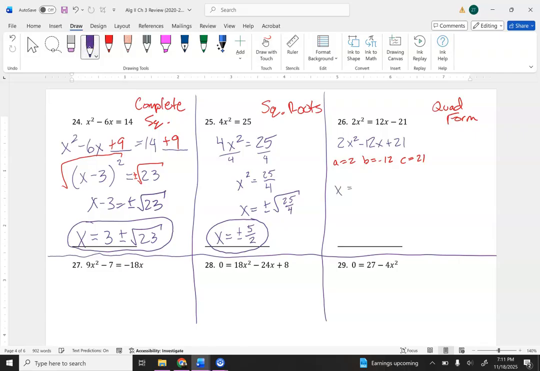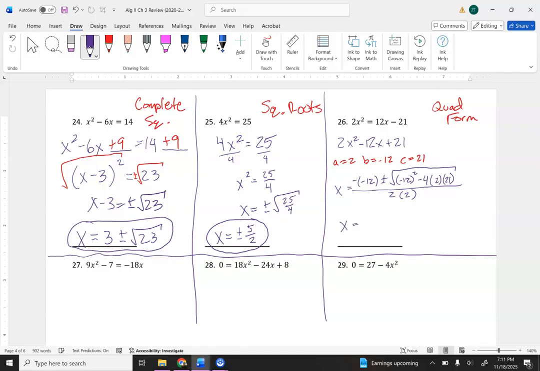So x would equal negative 12 plus or minus the square root of negative 12 squared minus 4 times the a, which is 2, times the c, which is 21, all over 2 times that a value, which is 2. All right, you got a lot of simplification to do here.